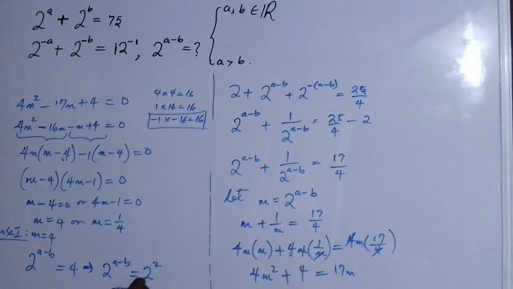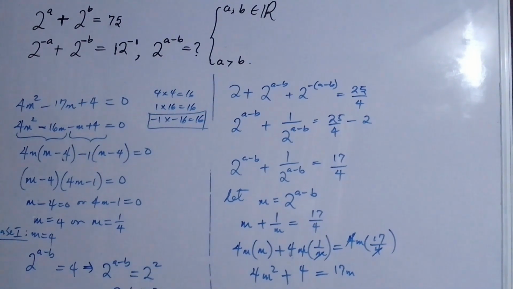So a minus b equal to 2. That means a will be equal to b plus 2, and that means a is greater than b.